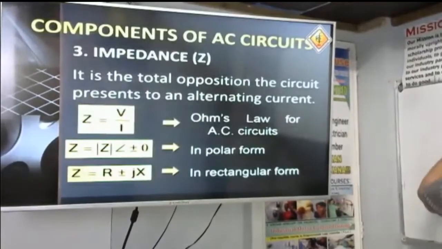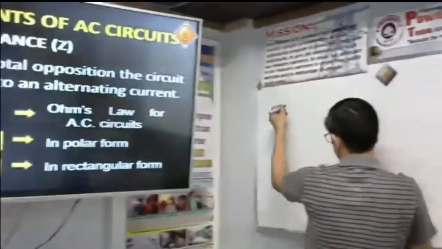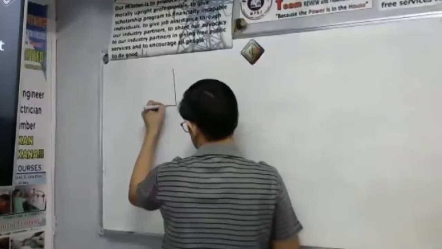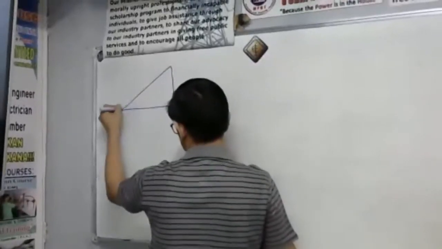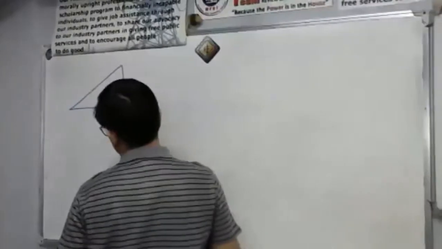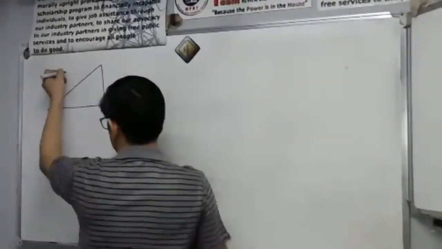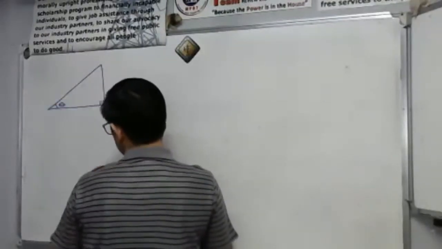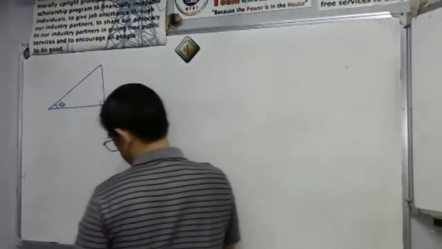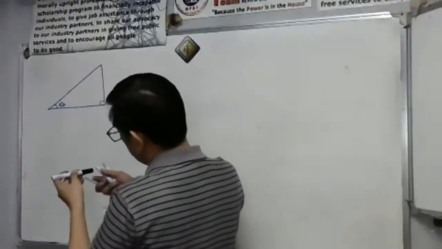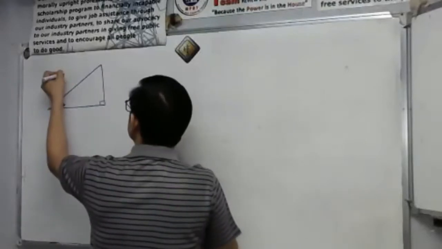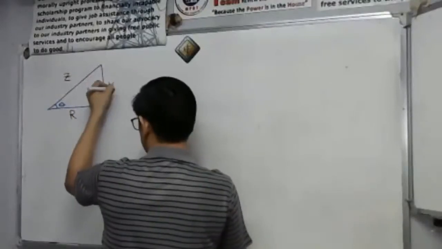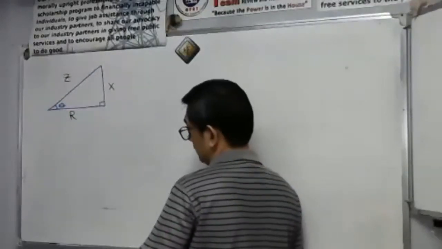So, in our triangle, we have what we call the impedance triangle here. We have here our theta. This is 90 degrees. This is the impedance Z, this is our resistance, and this is our reactance.